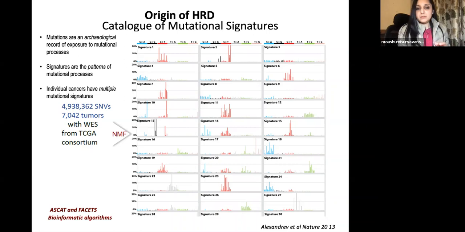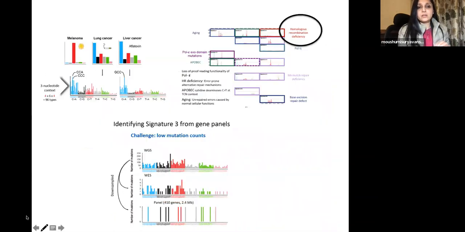Say, for example, if the cause of the tumor is smoking, maybe as in lung cancer, there will be a peculiar signature. And similarly, for homologous recombination deficiency, there is also a peculiar signature. There are around 30 types of signatures, and this is signature 3, but this is detected only on whole exome sequencing.